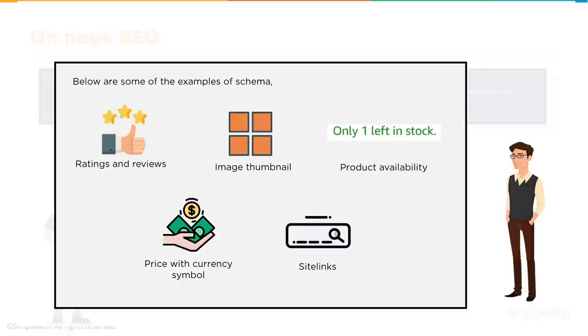So you can certainly provide snippets of information in terms of images or prices or particular products and how much is left in stock. So all these bits of information, you can provide to the search engine so that they can better understand what it is you're trying to sell, how much it costs, how much is in inventory, what people think about the product, etc. So if you have a website that sells products, you probably want to employ schema.